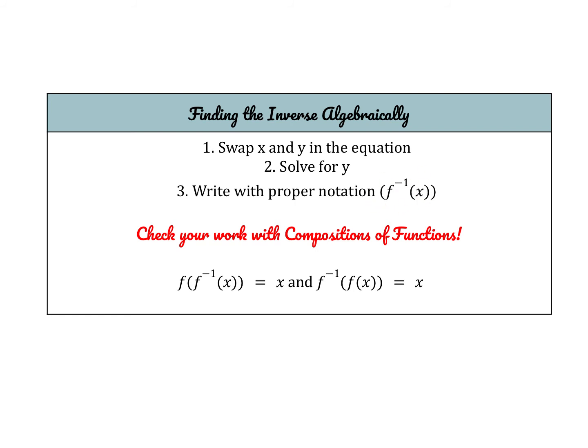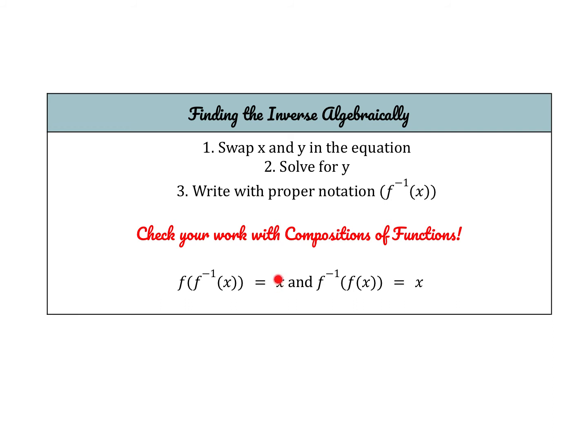Now, once you've done this, we can actually check to make sure that our work is correct using what's called a composition of functions. That's where we're actually plugging a function into a function. So there's two different ways you can check. You can do f of f inverse of x, meaning you substitute the inverse into the original function and you simplify.